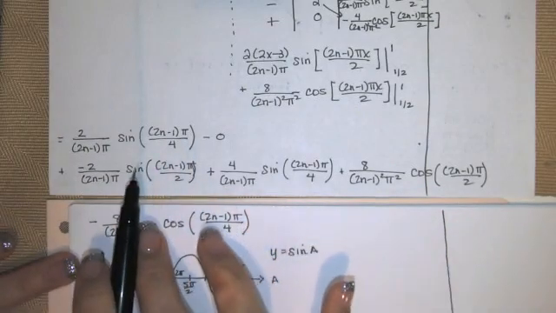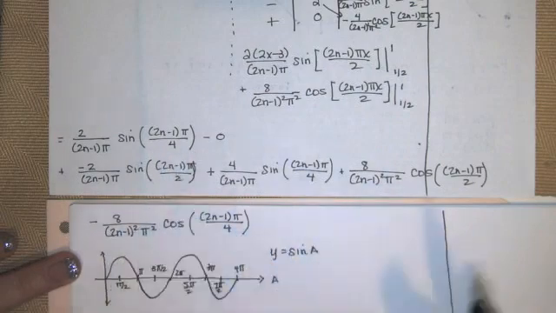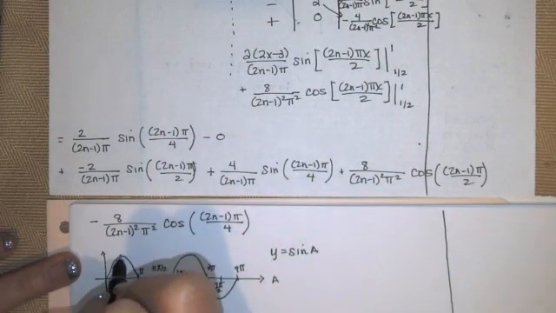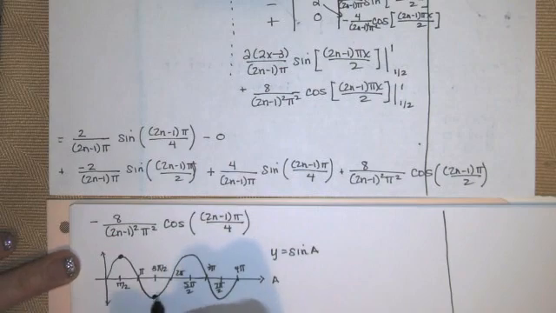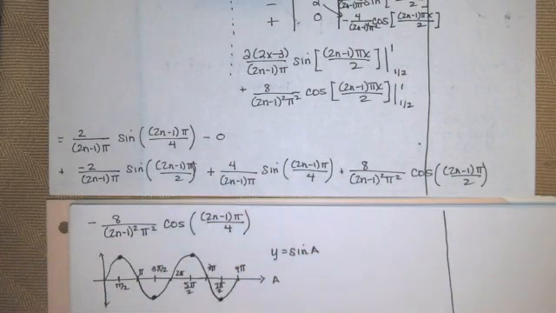So whenever we have sine of odd multiples of pi over 2, we're talking about sine of pi over 2 and sine of 3 pi over 2 and sine of 5 pi over 2 and sine of 7 pi over 2. Of course, we're talking about odd multiples of pi over 2 where n is positive. So we end up with that first multiple of pi over 2 being pi over 2.